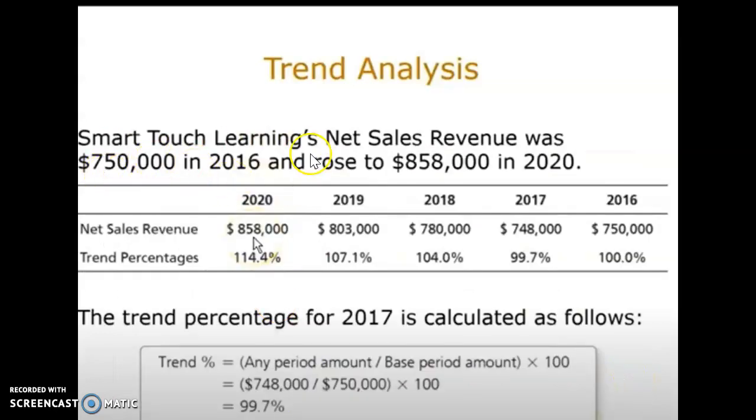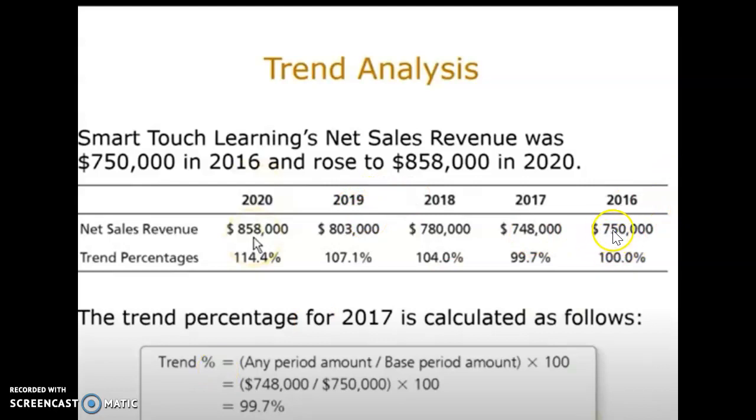So here, Smart Touch Learning's net sales revenue was $750,000 in 2016 and went to $858,000 in 2020.